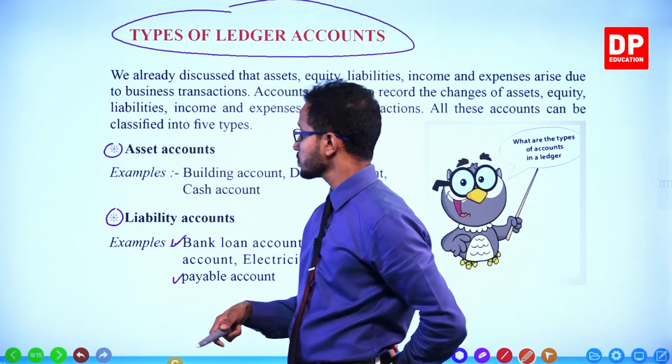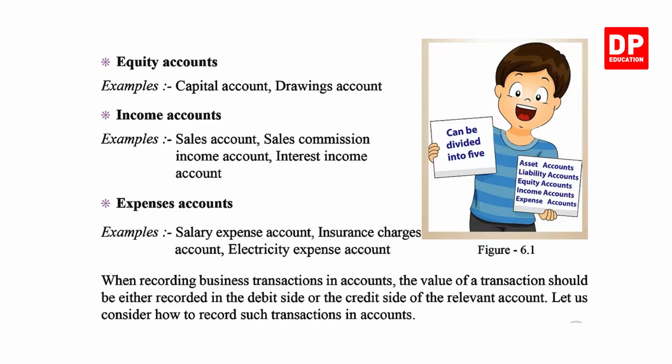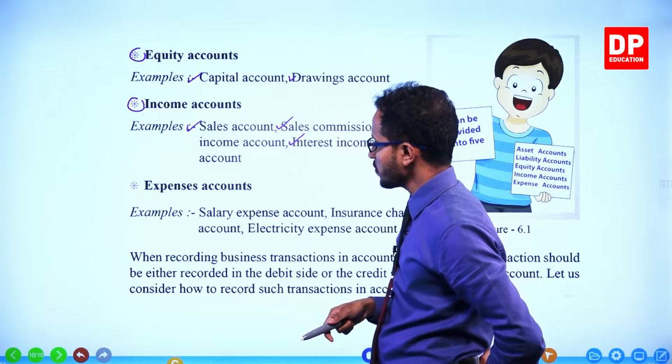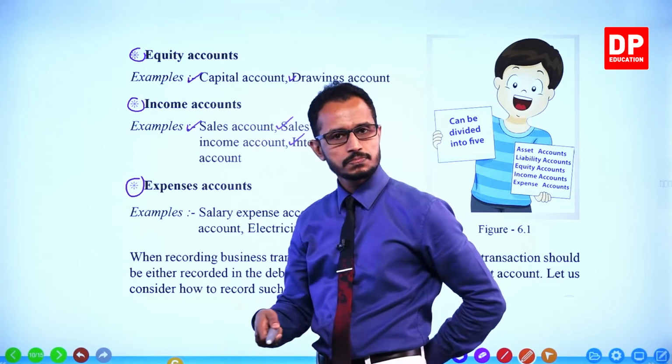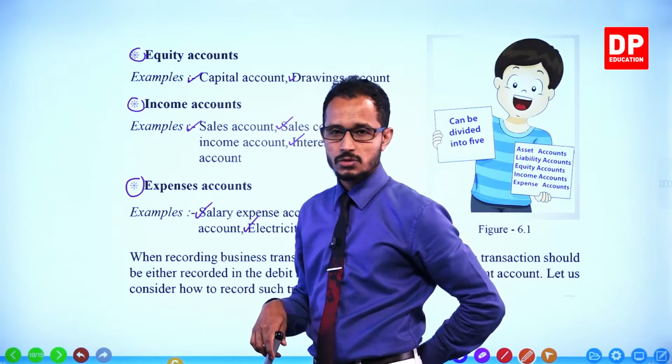We have equity accounts: capital, drawings. Then we have income accounts: sales commission account, interest income account. And finally we have expense accounts: salary expense, insurance expense, electricity expense, and so on. Many expense accounts are there.